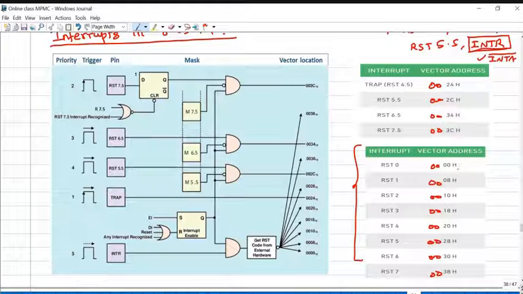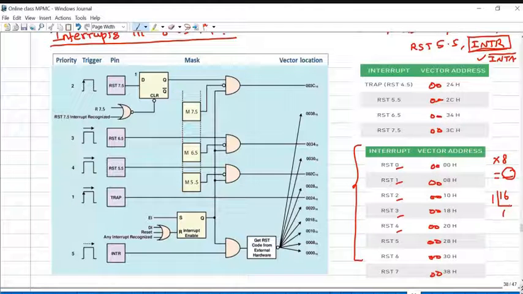These vector address locations you can calculate by multiplying this number by 8. Then you will get a decimal number. Then convert that decimal number into hexadecimal. Say for example 2: 2 times 8 is 16.